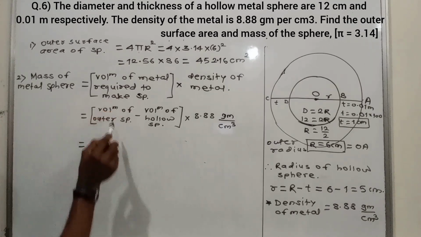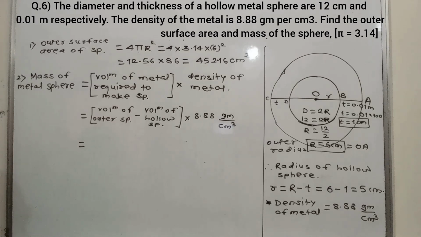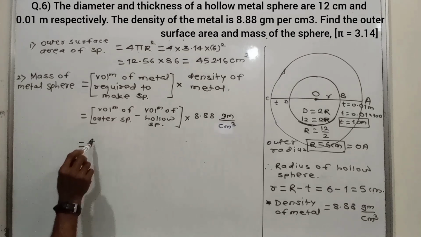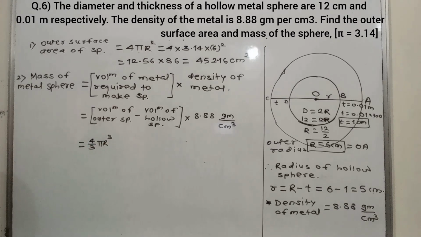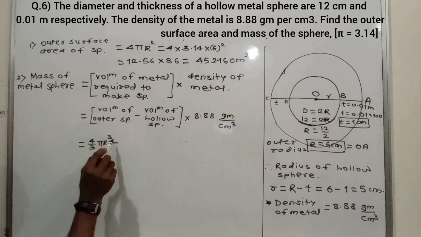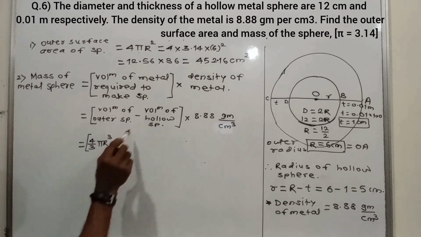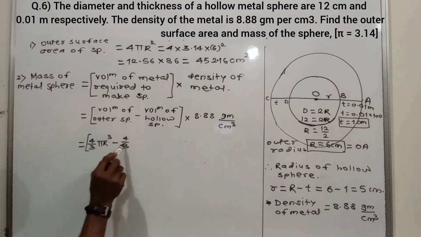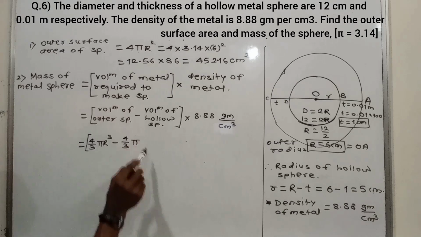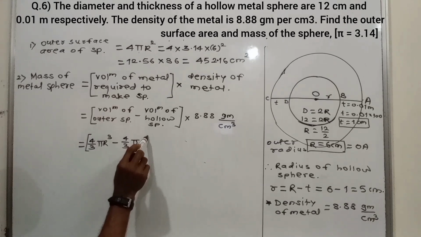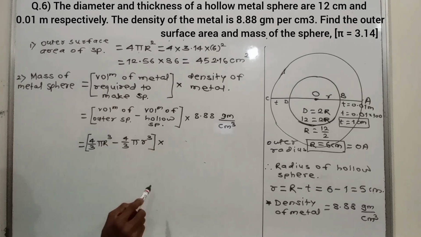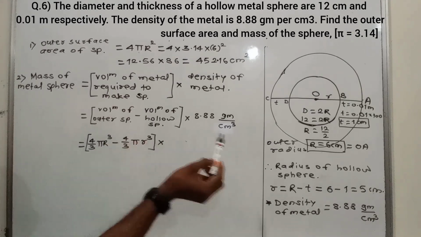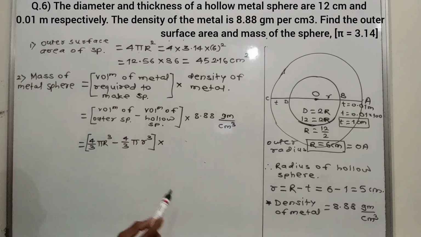Now volume of outer sphere, volume of sphere, no, 4/3 pi capital R cube, outer radius, no, minus, see this carefully, 4/3 pi small letter r cube, into, now volume in centimeter cube here, because everything is in centimeter.